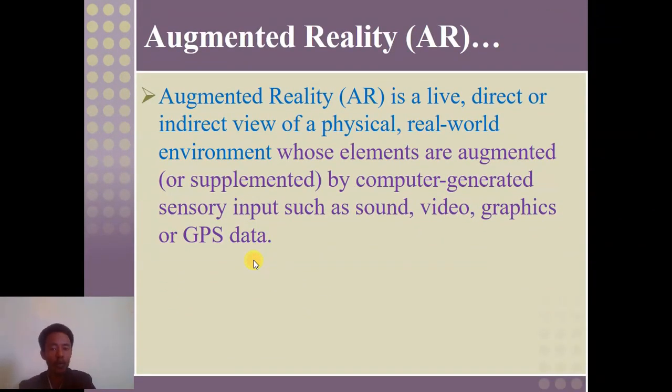Augmented reality is a live, direct or indirect view of a physical world environment whose elements are augmented or supplemented by computer generated sensory input such as sound, video, graphics, and GPS. So by using augmented reality, we are able to add computer generated sound to the real environment, computer generated videos to the real world, computer generated graphics, and some GPS data. It's possible by using augmented reality applications.